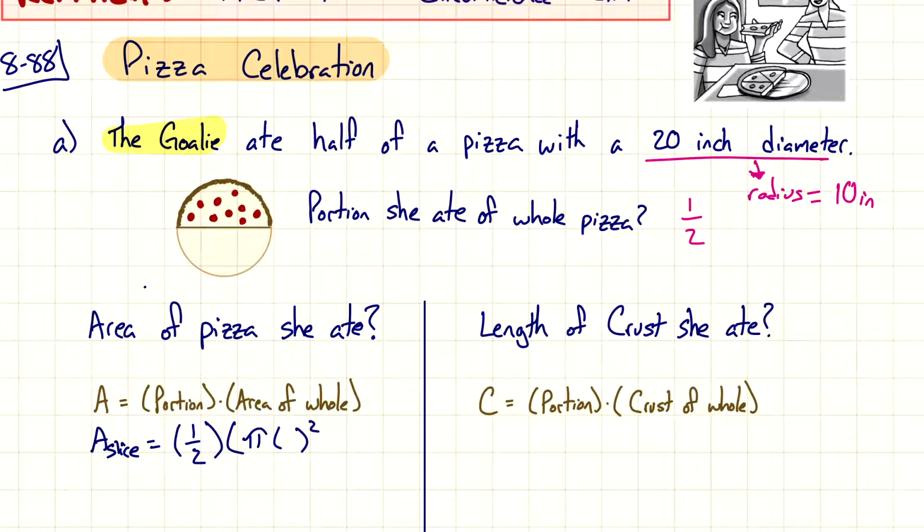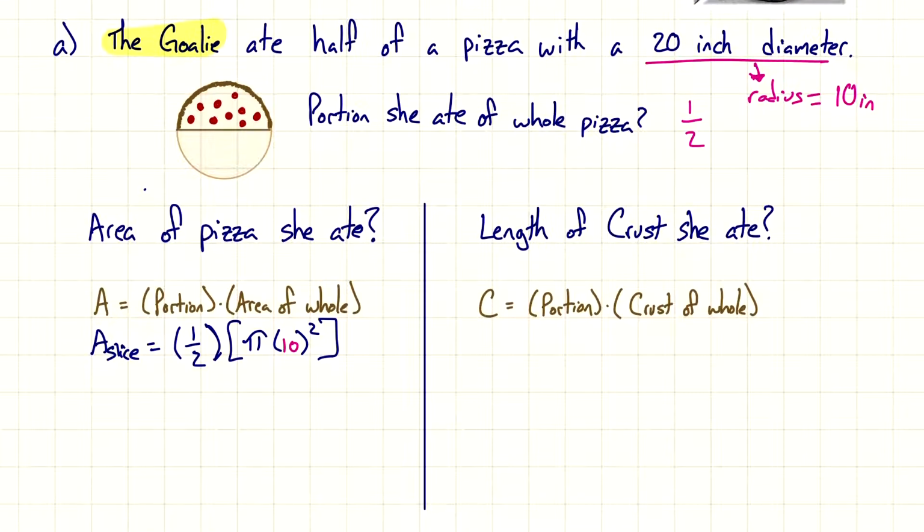So I'm going to change these parentheses to brackets. All right, so this is pretty much how we're setting up our problem. We said our radius was 10, so I'm going to plug in a 10 here. And that's pretty much the area of the slice. Now all we have to do is simplify that, and we could get an answer.